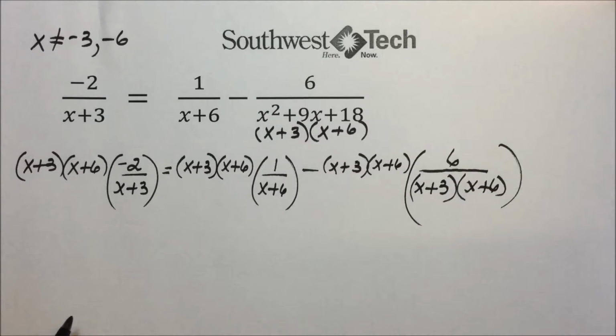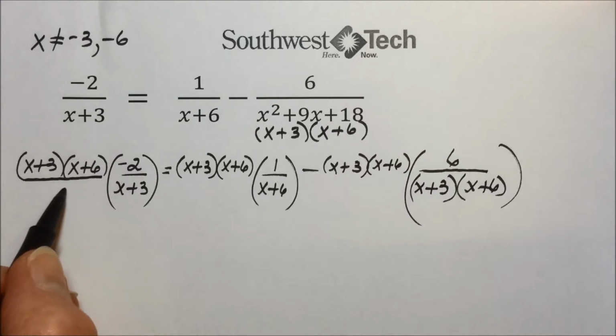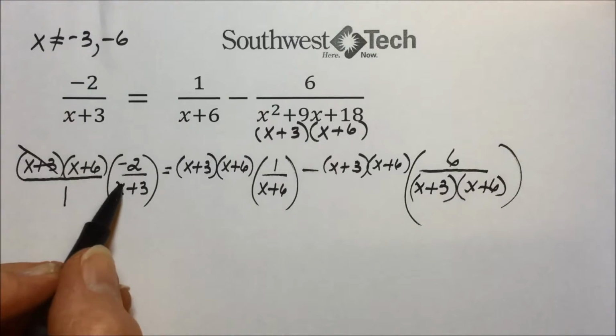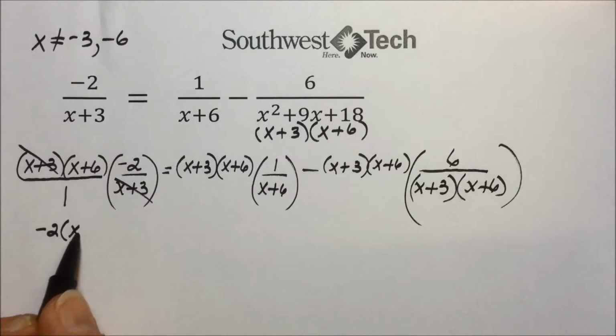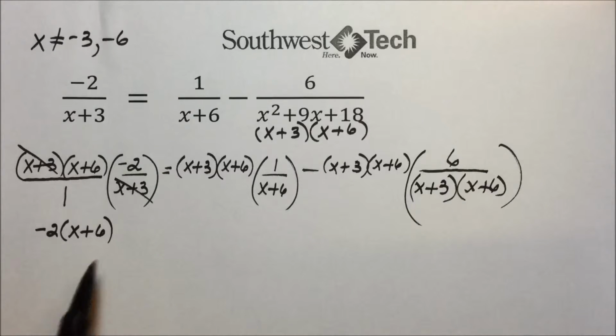So, simplifying, these have denominators of 1. We have an x plus 3 common factor to an x plus 3 in the denominator, leaving us with a minus 2 times x plus 6. We'll come back and simplify that.